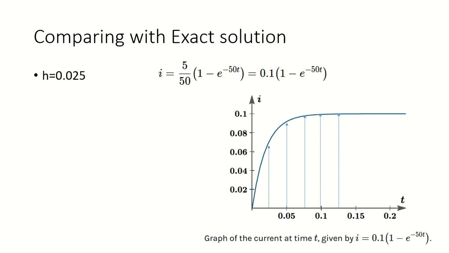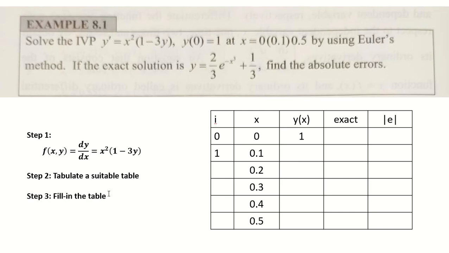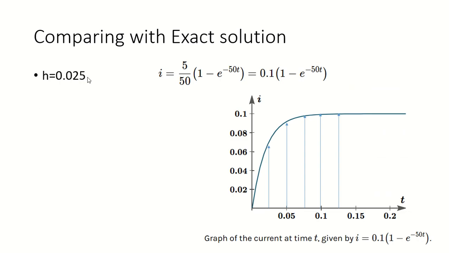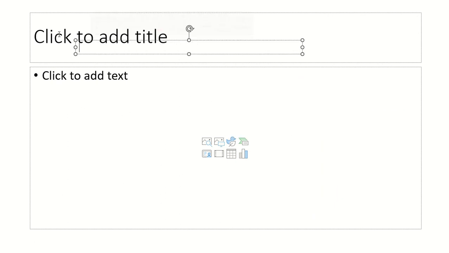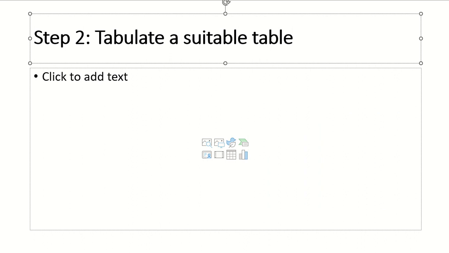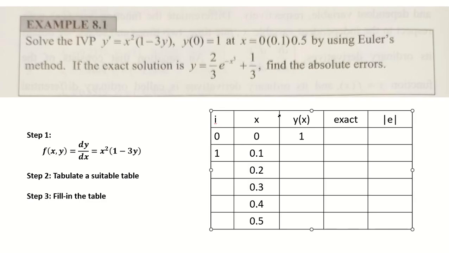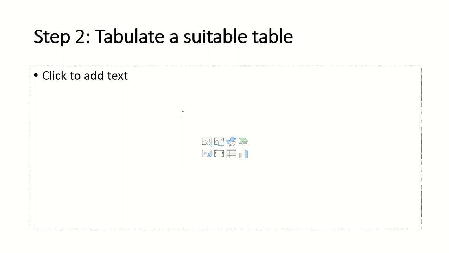So if you go to the slide that we demonstrate, we go to step 2. Step 2 is to tabulate the suitable table, and basically this is the table. Let me copy and paste the framework. This is the table that will normally be used.